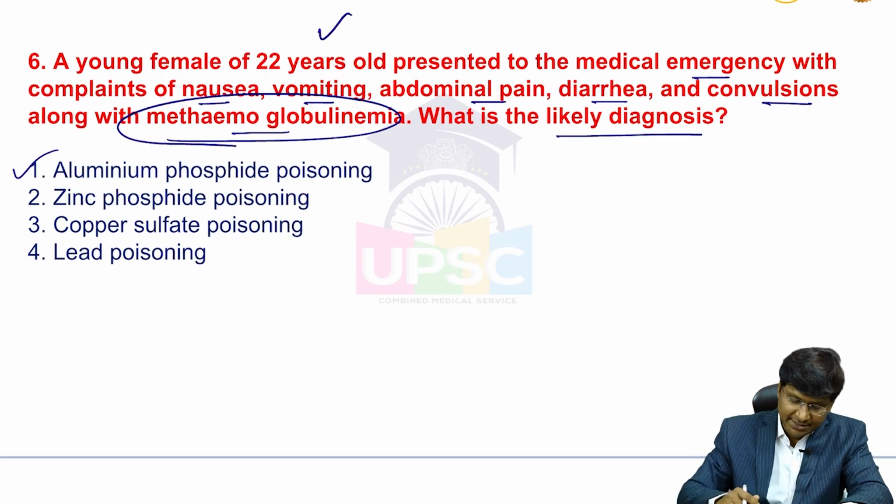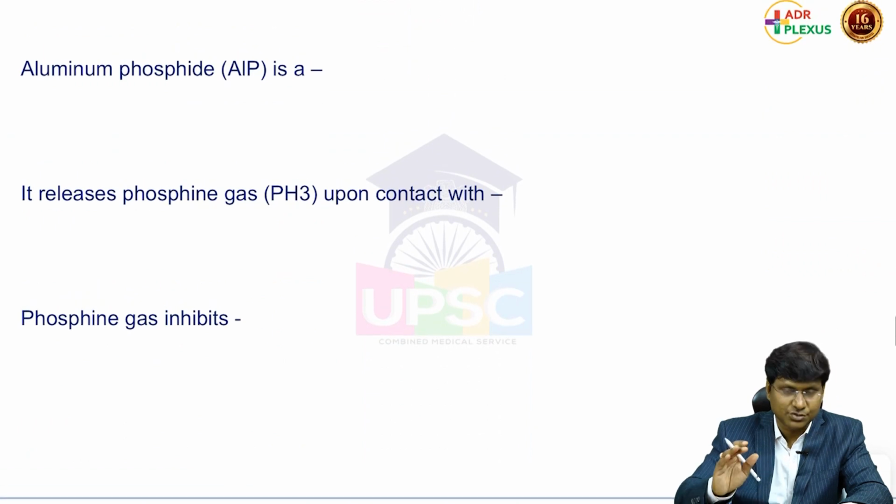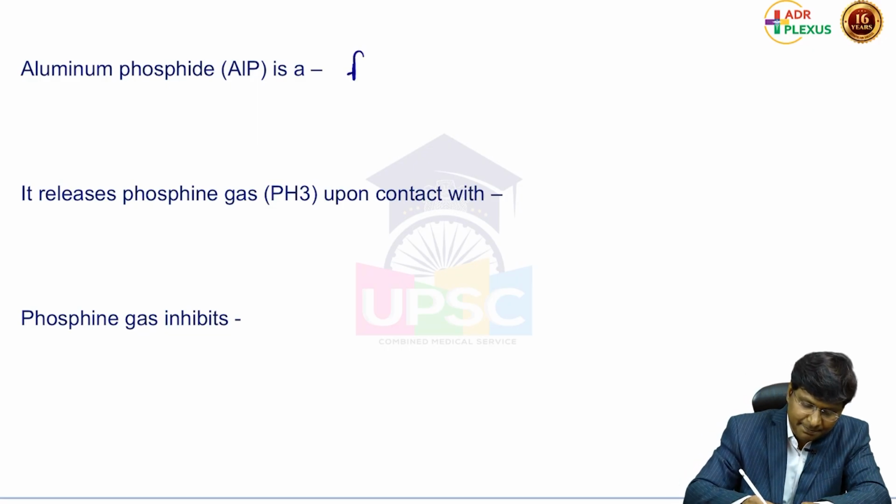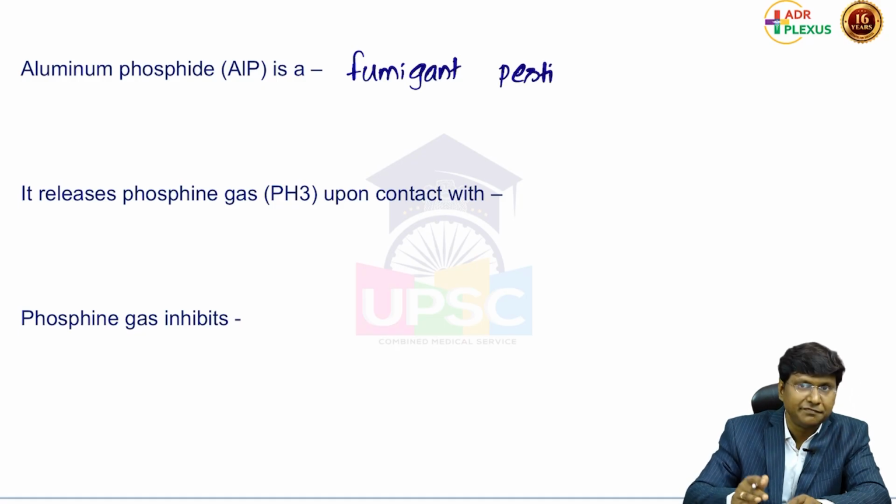I'll be discussing. Now, aluminium phosphide is a highly toxic compound often used as a fumigant pesticide, right?